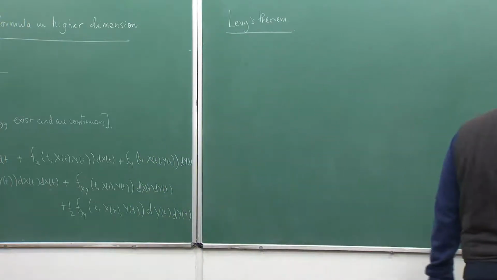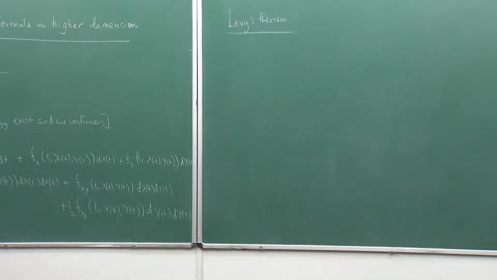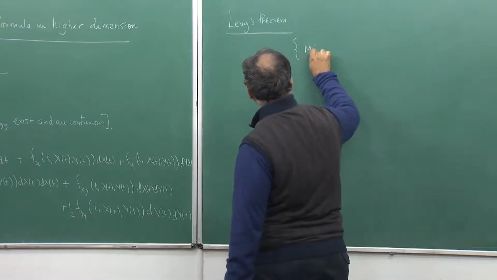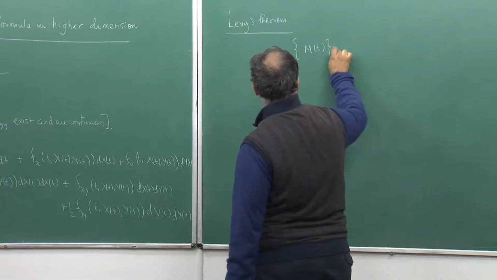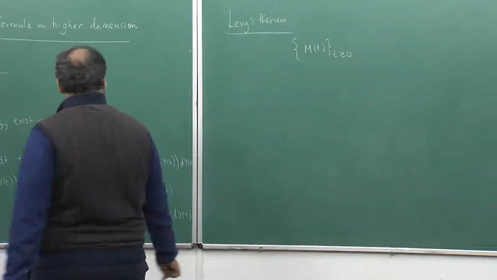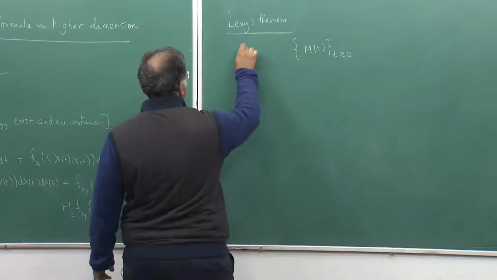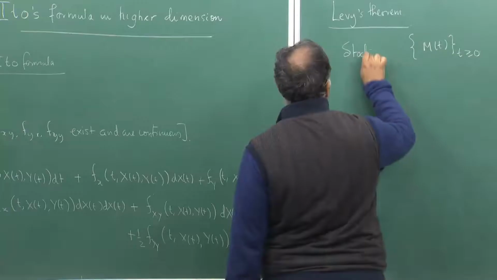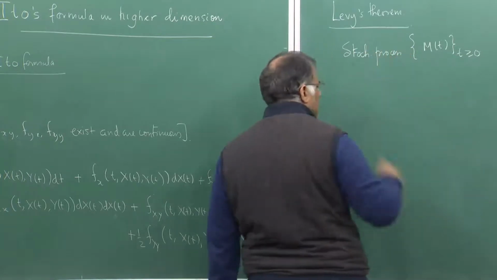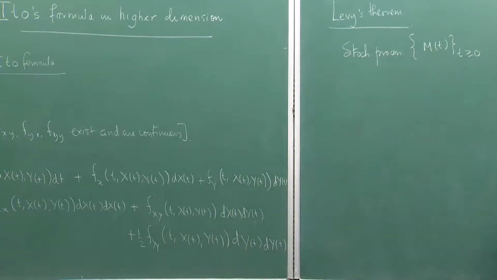It tells you that if you have a stochastic process M t with t greater than or equal to 0, that is given to you.